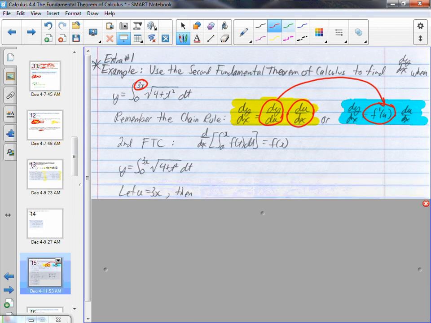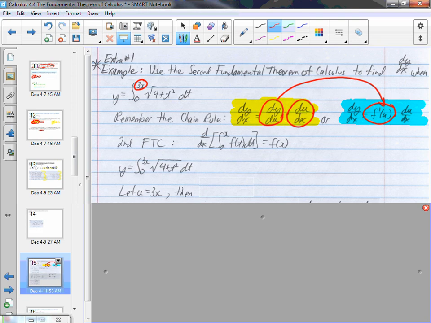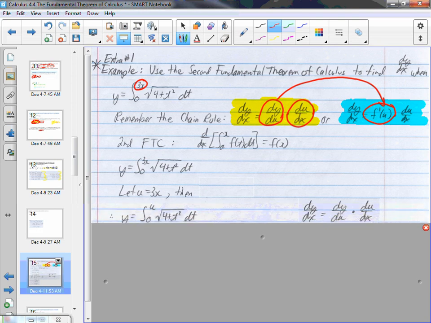Let u equal 3x. Okay? If u equals 3x, that means we can rewrite our function as y equals the integral from 0 to u of the square root of 4 plus t squared dt.